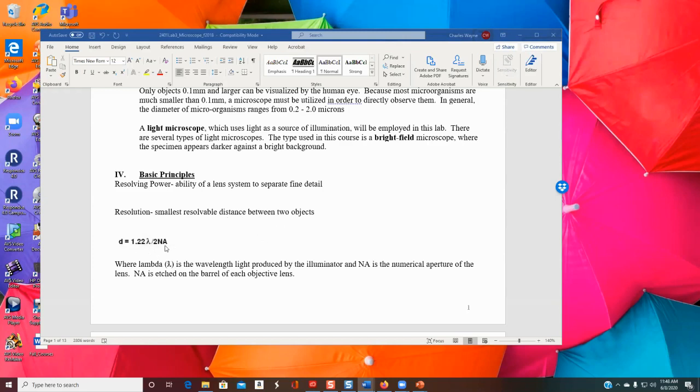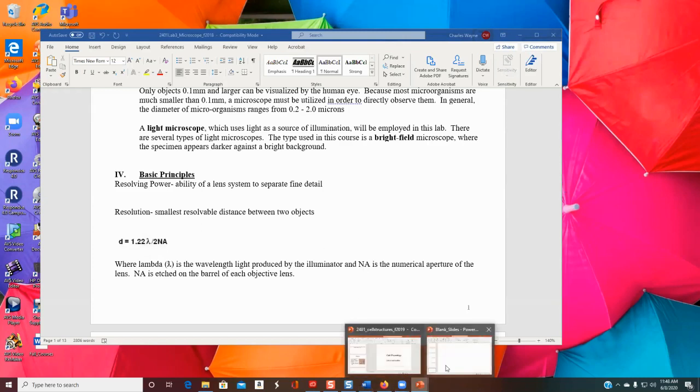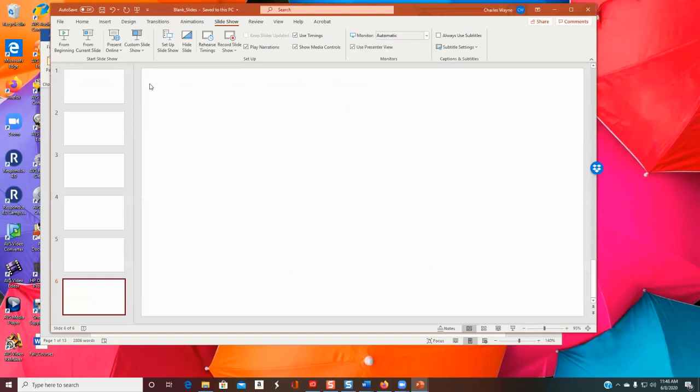And there's a formula. Let's see what we can do with this. Notice the formula.